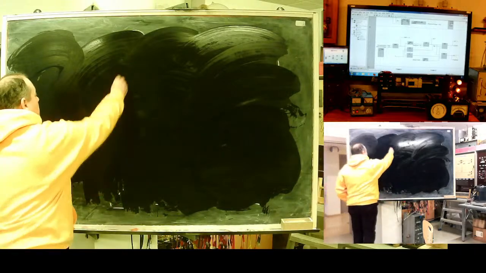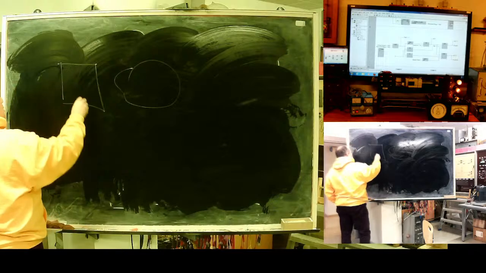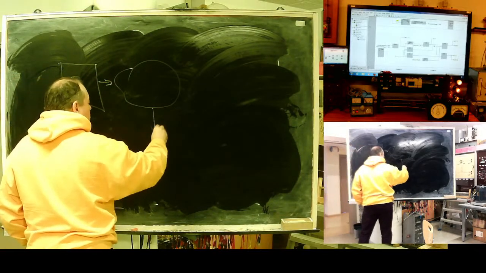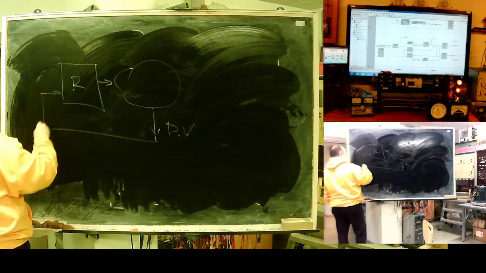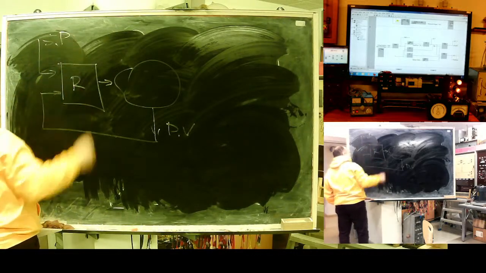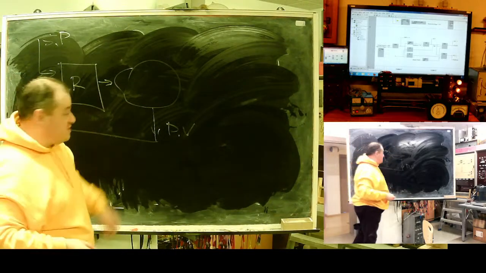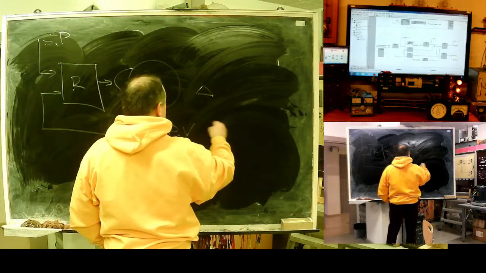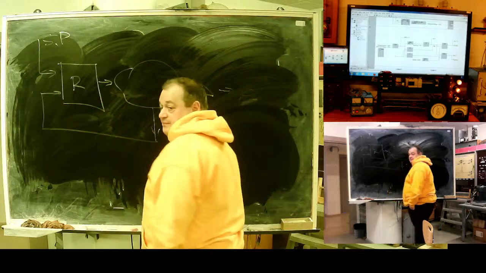Classical system: when you have your control object, you have a regulator, from the object the process variable is taken, you have the classical set point, and the regulator does something to bring the difference between process variable and set point to zero.